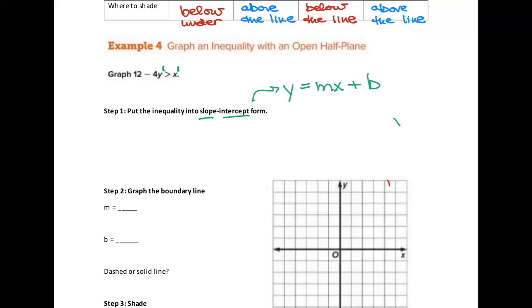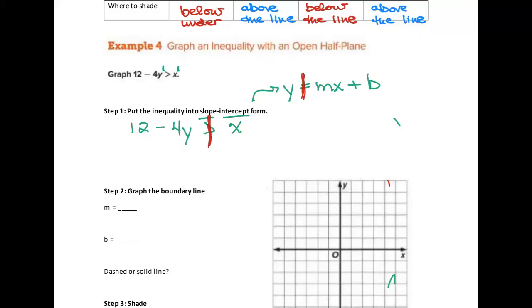So I need to move some values from this original inequality. So I'm going to rewrite it down here. 12 minus 4y is greater than x, okay? Notice the y is still on the left side, okay? So I'm going to put this right here.